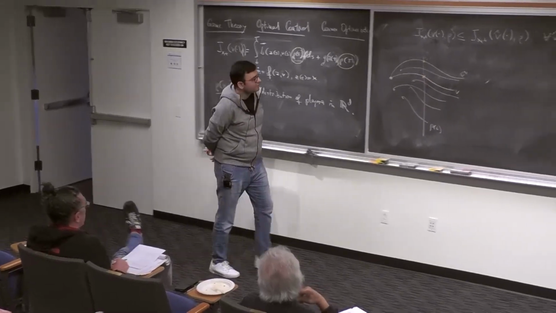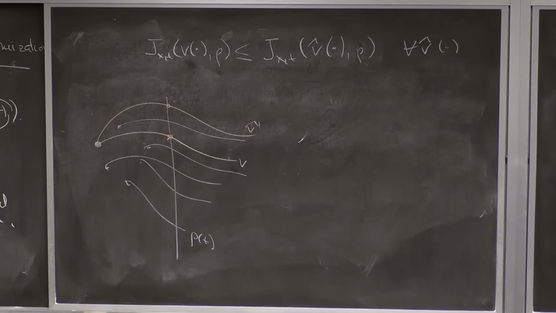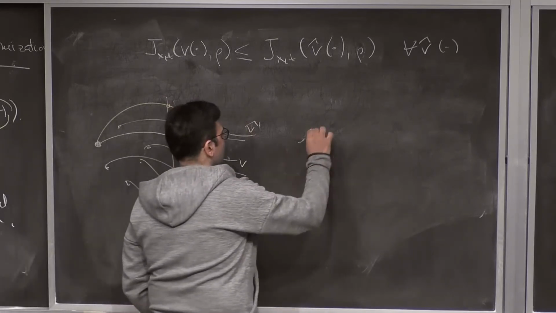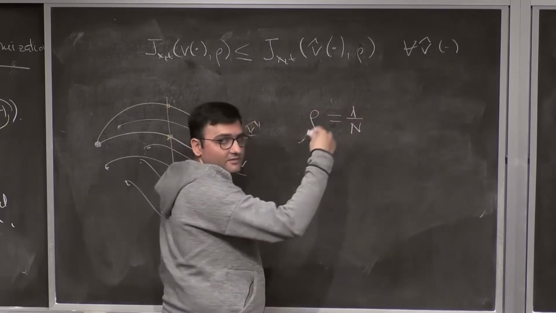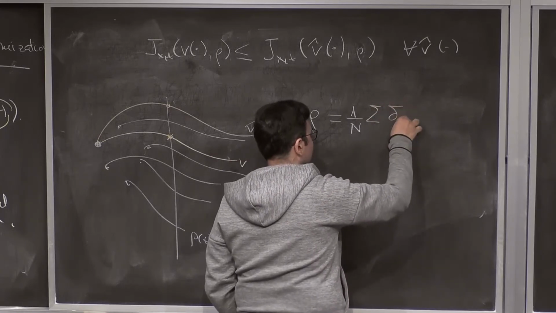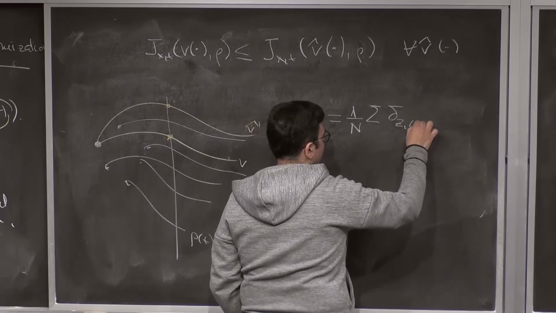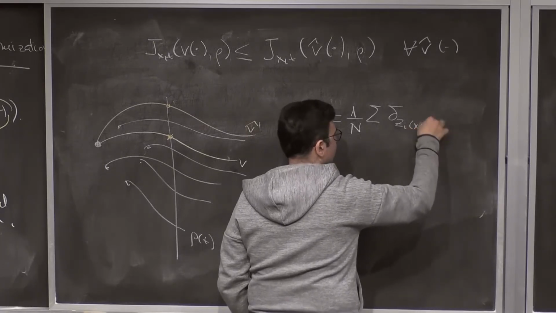No. But here, rho is the distribution of positions, right? So strictly speaking, rho is 1 over n, let's say we are in the finite dimensional case, the sum of delta at the trajectories xi(t).